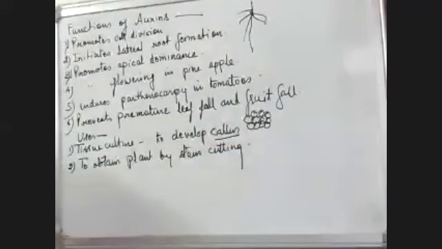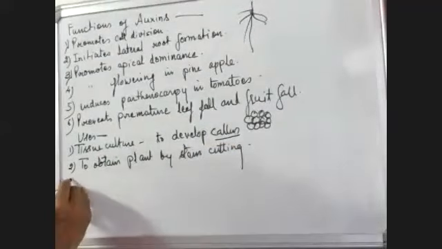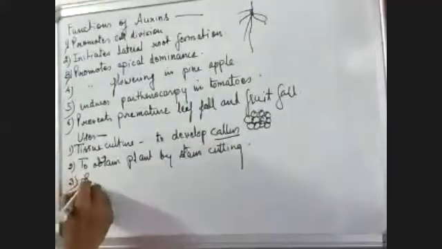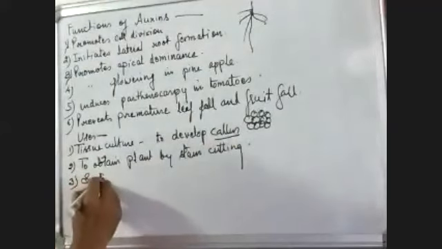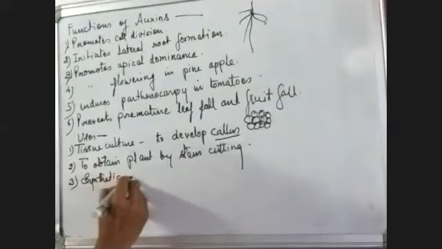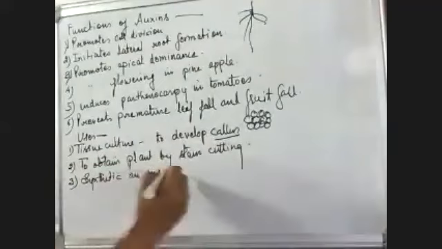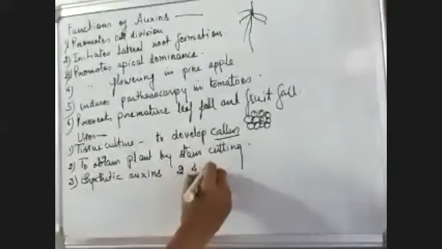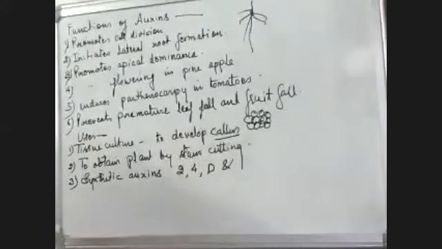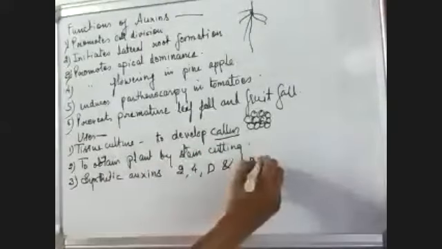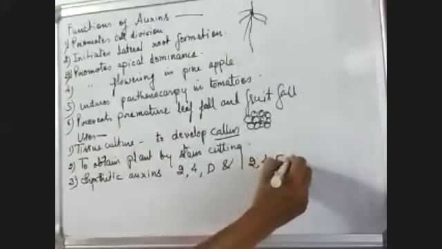Then there are some synthetic or artificial auxins. Their names are 2,4-D, which is one of the auxins, and 2,4,5-T.